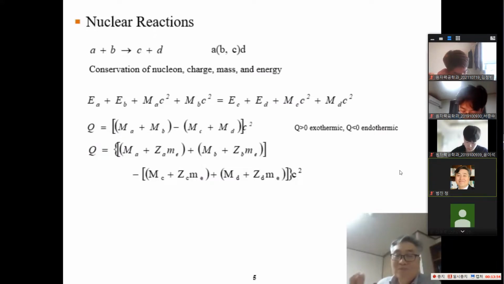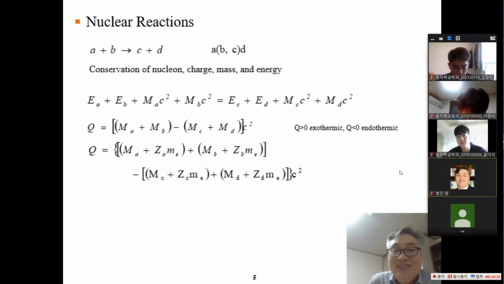So we throw A to B, and then the product becomes C and D. And the large one is C, the smaller one is D. This is a kind of notation. So the left-hand side notation A plus B becomes C plus D has the same meaning as A parenthesis B, comma C parenthesis D. This is the same meaning.